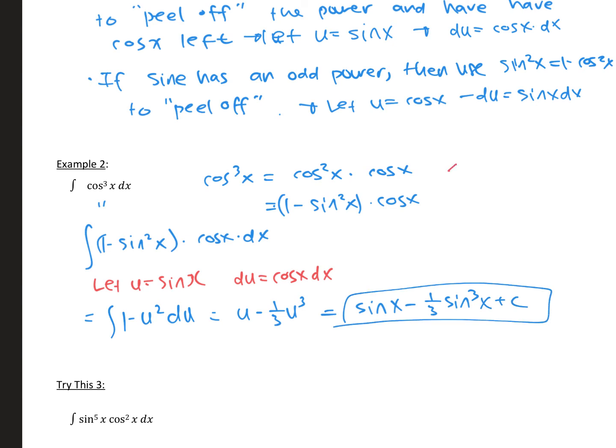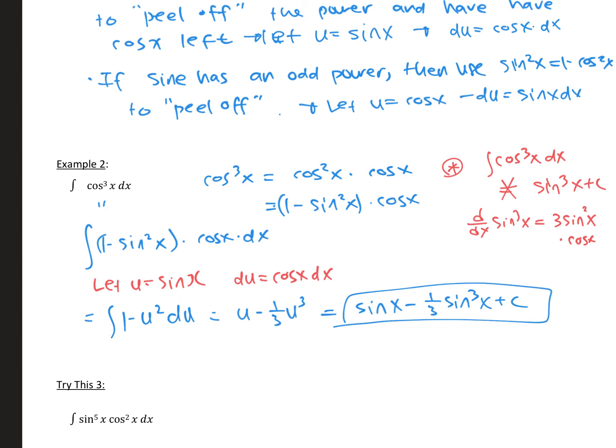Okay, here's a little thing I have to be careful about. At first my instinct was, the integral of cosine is sine, so can I just say sine cubed? But then this will be incorrect, because when I take the derivative, I get 3 sine squared x times the derivative of sine, which is cosine x, which is not the same as this.